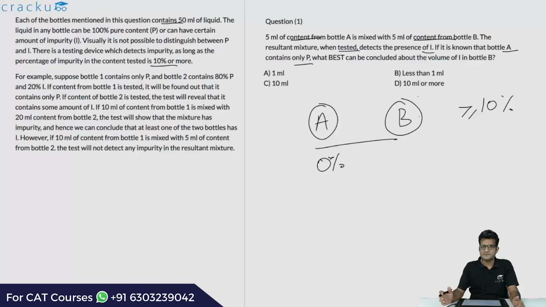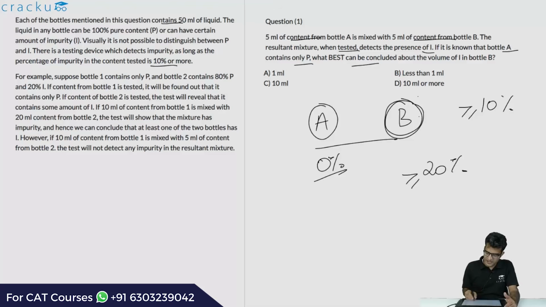If the average impurity in A and B when they are mixed in equal quantities is greater than or equal to 10%, and A contains 0% impurity, it would imply that the percentage impurity in B has to be greater than or equal to 20%. Only then, when you are combining both of them in equal quantities, will the average percentage of impurity be greater than or equal to 10%.